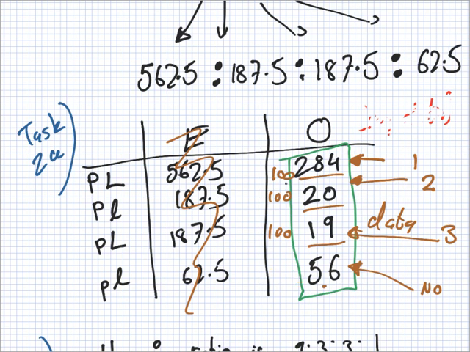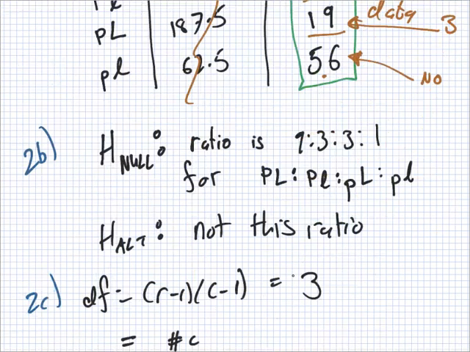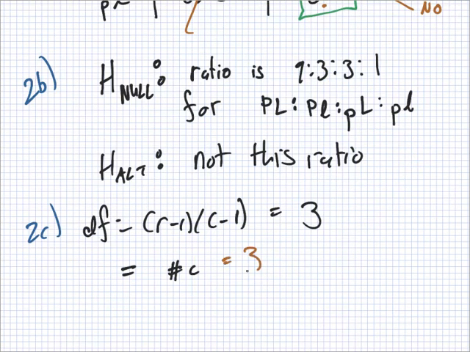So once these are 100, 100 and 100, this one has to be 700, because the total is 1,000. So how many numbers could change? Only 3 numbers could change. That's the same as the formula you used a moment ago. So 3 is definitely the degrees of freedom here.